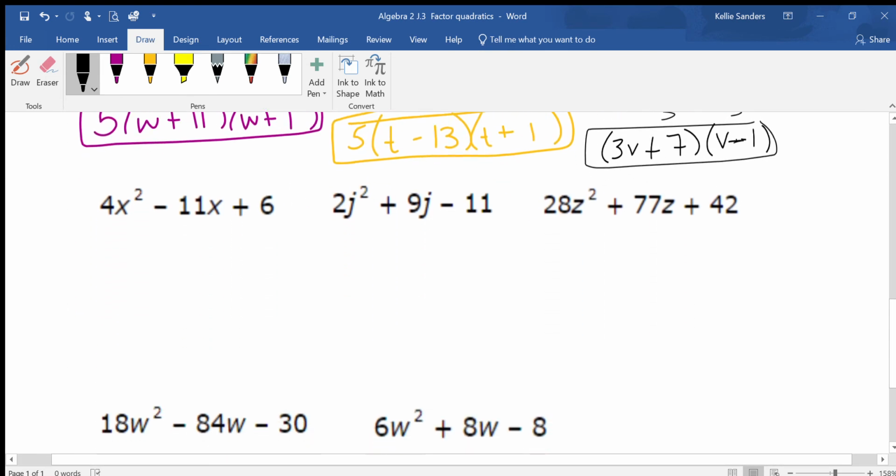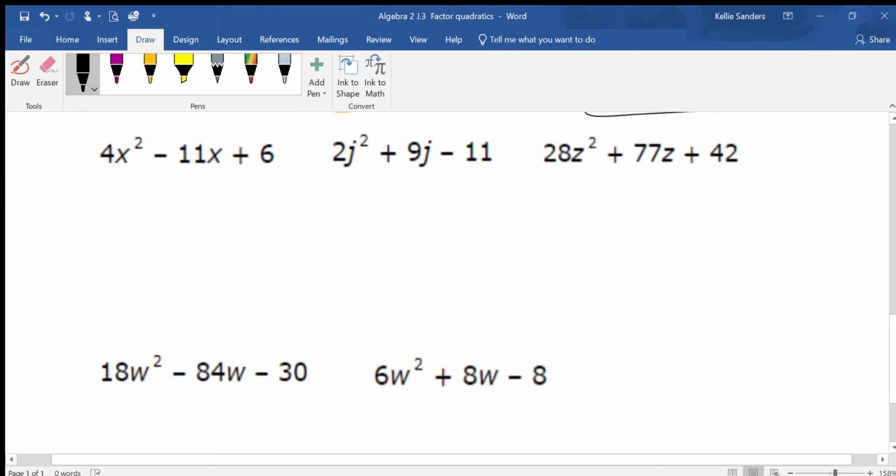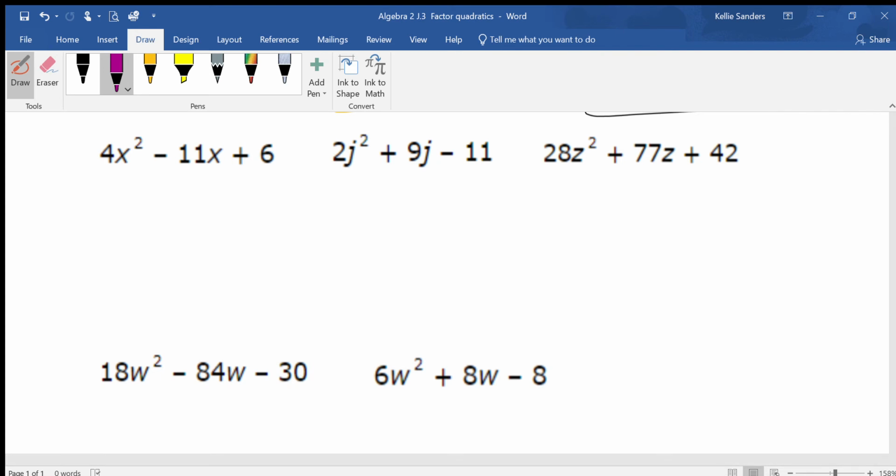I wish if I could fix it, I would fix it. But I can't. 4, 11, and 6. Nothing goes into 4, 11, and 6. So we're going to move the 4 over here. So we have x squared minus 11x plus 24.